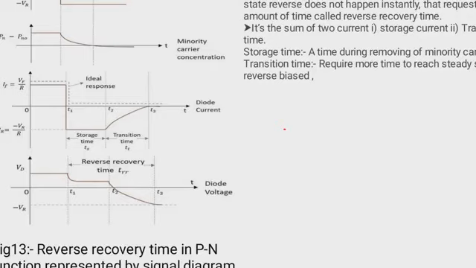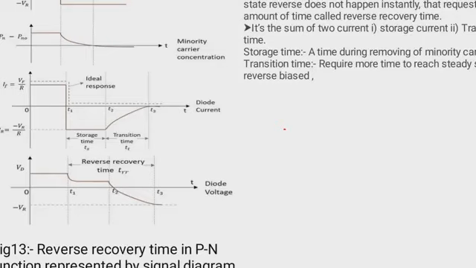Next one is the transition time. What is transition time? After the storage time, the diode is in open circuit condition because the minority charge particles are removing from one side to another side, and that is why it comes into open circuit condition at duration T2, at t equal to T2.